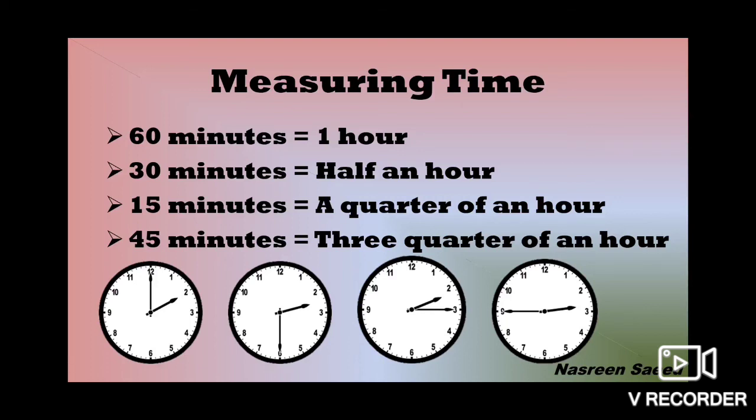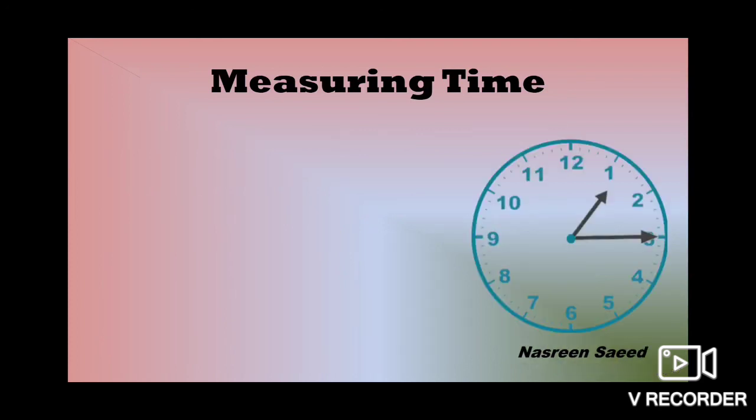Now here we can say 3/4 past 2, or we can say quarter to 3. Instead of saying 45 minutes past, we are going to say 15 minutes are left for 3, or quarter to 3. The smallest term is quarter to 3.